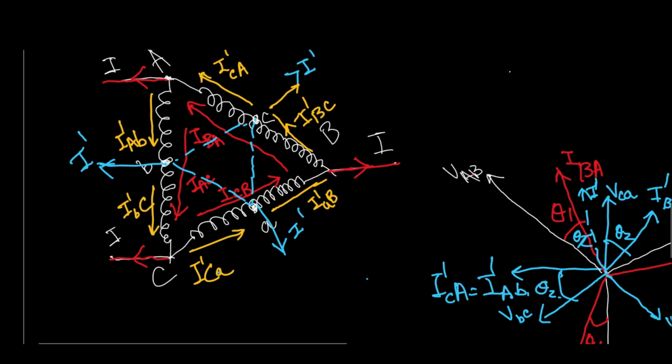Now this VCA, how you are finding out VCA? So let me write the equation, otherwise you will get confused. V small c A is equal to how much?